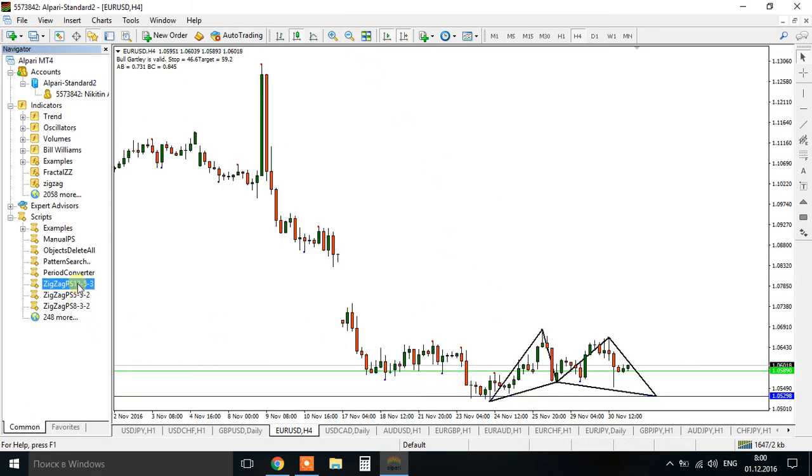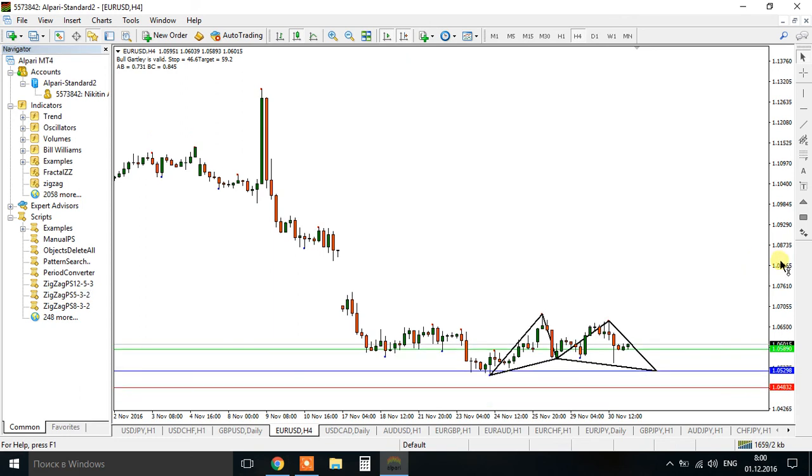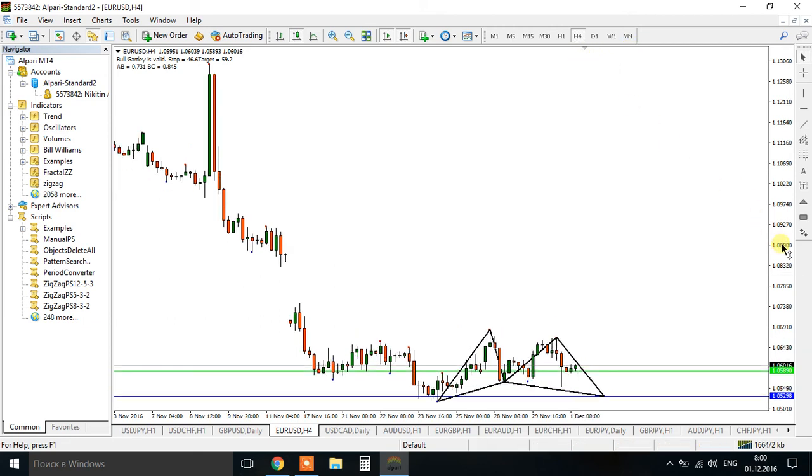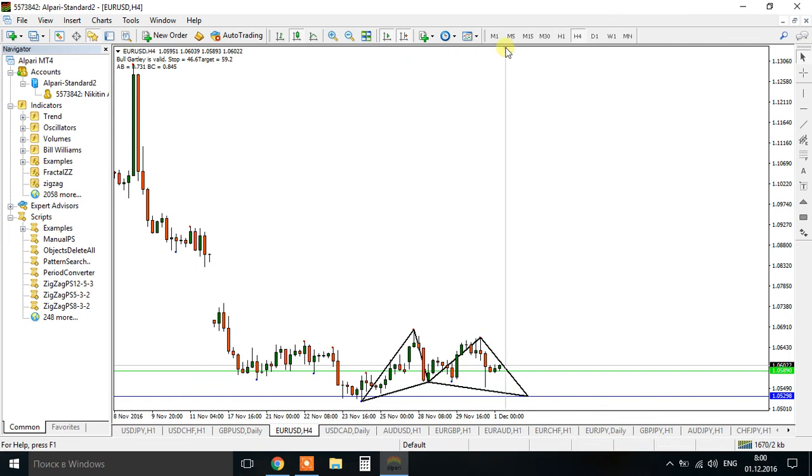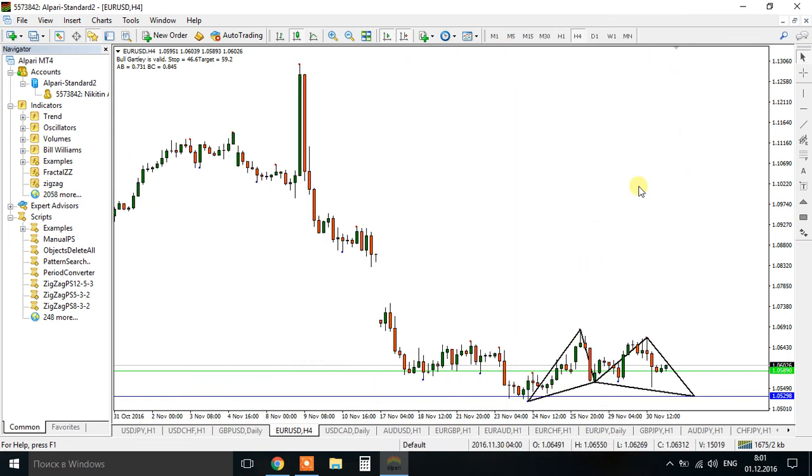I have 3 of them: to analyze large swings, to analyze medium swings of the market, and to analyze small swings. So you don't need to always switch the settings to see if you can find a larger pattern or a smaller pattern. You will have that automatically.